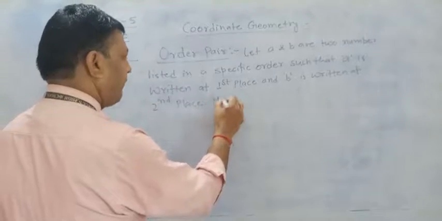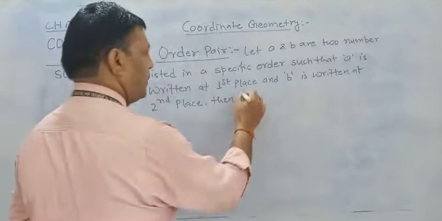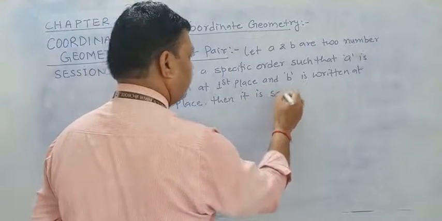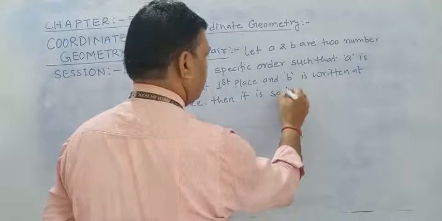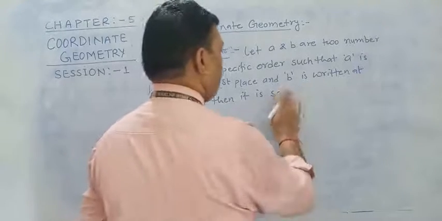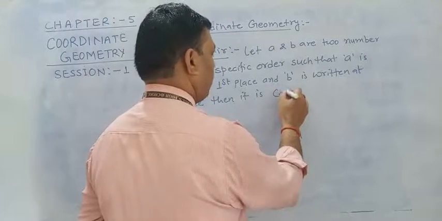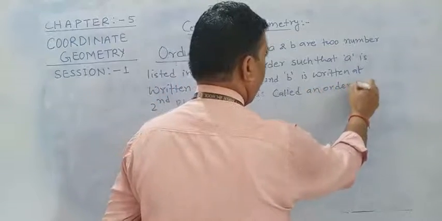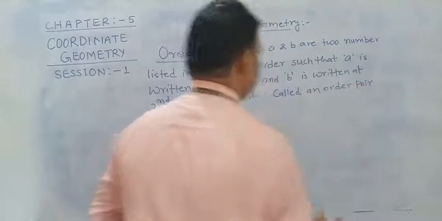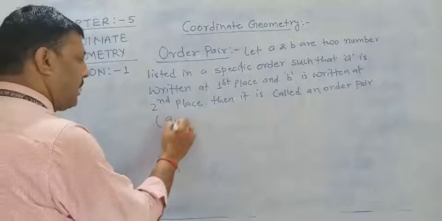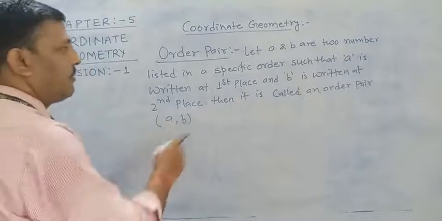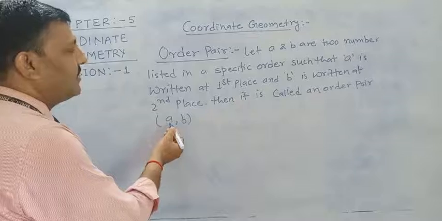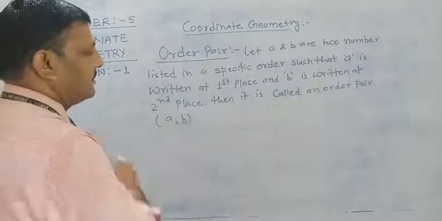Then it is called an ordered pair (A, B). Both numbers are separated by a comma. A is always written at first place and B is written at second place.